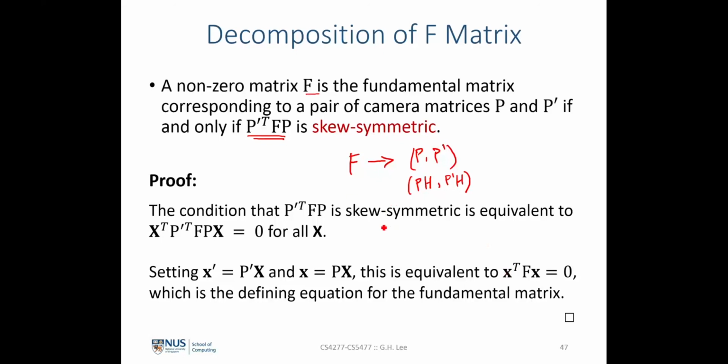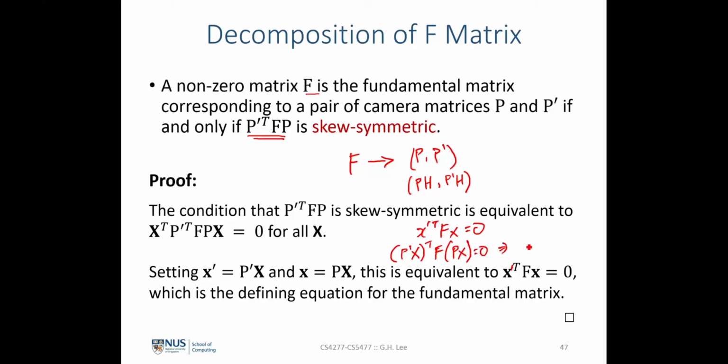Starting from the correspondence equation that we have seen earlier on, where x prime transpose F multiplied by x equals 0, we can see that this equation here can be rewritten into P prime multiplied by the 3D coordinate X transpose F, and P multiplied by X equals 0.